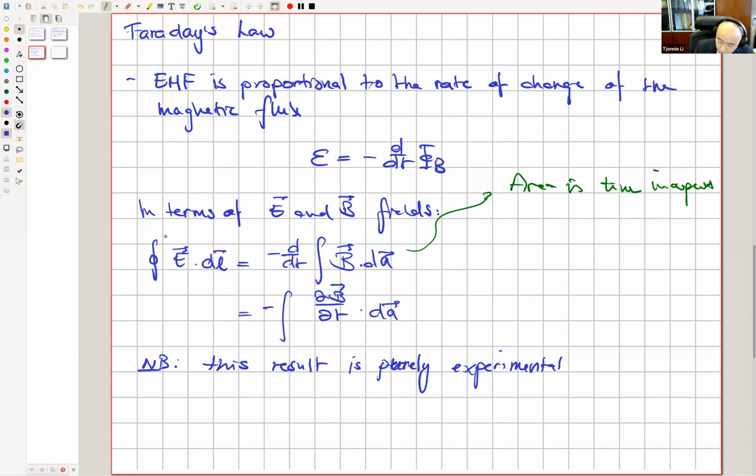So let's see if we can turn this into a field equation, a differential equation, or in differential form, as opposed to an integral.